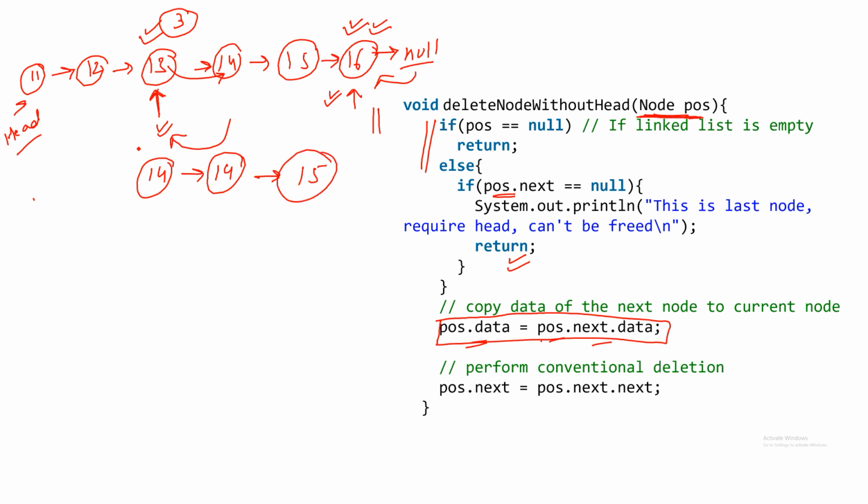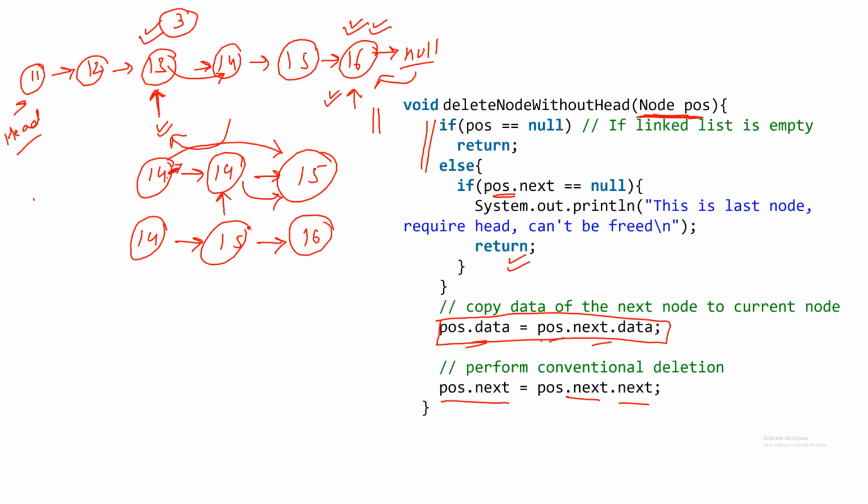And just assume that after this operation, you do position.next, it means you are pointing this next to position.next.next, which is nothing but position.next is this and .next is this. So from here, you're assigning this 15. Now your 14 will be pointing to 15 and the rest will be remaining as it is.